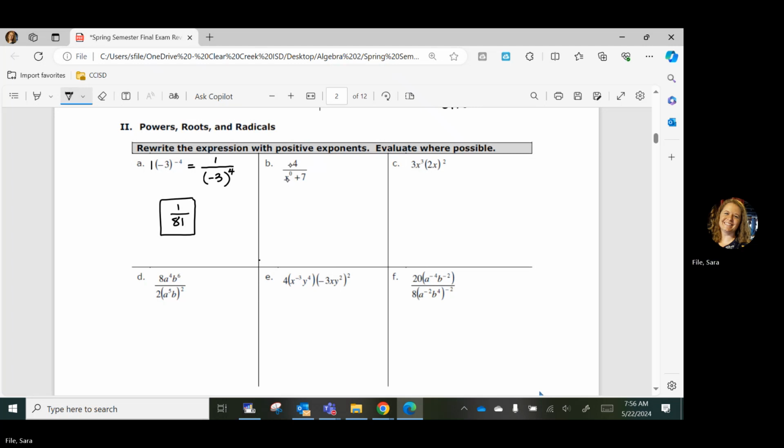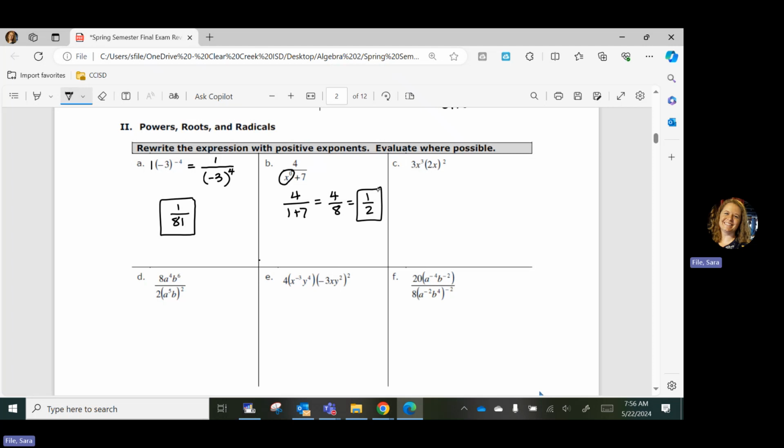Not 0. Anything to the 0 power is 1. So anything to the 0 power is 1. So that is 4/8, which is just 1/2. So we were able to evaluate that one, but only because the power was 0.